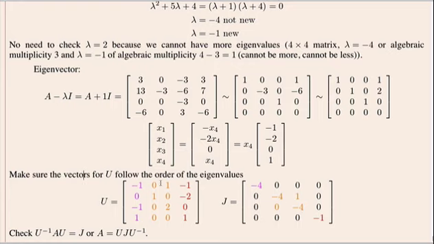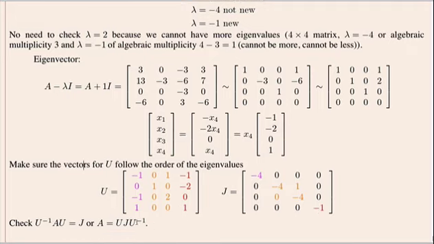Make sure the corresponding eigenvectors are in the same order. First, this 1 by 1 block, then the 2 by 2 block's Jordan chain vectors, and then finally the eigenvector of -1. And again, it's useful to check that this is really correct because A equals U times J times U inverse.